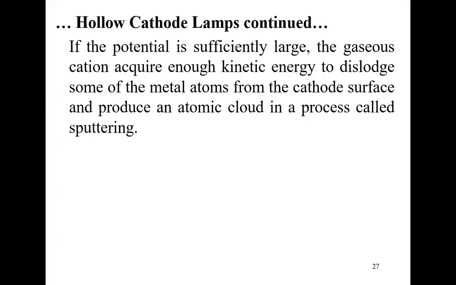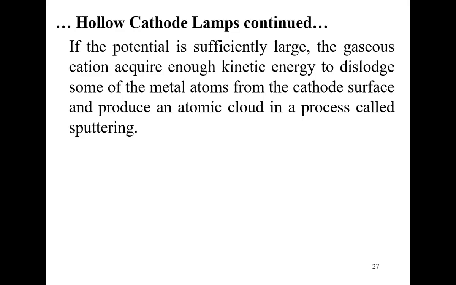And those are going to bombard, you can see here, they're going to acquire enough kinetic energy to dislodge some of the metal atoms from the cathode surface. Remember, the cathode is made up of the matter of interest. And so once you have enough current, it dislodges the metal atoms from the surface of the cathode.